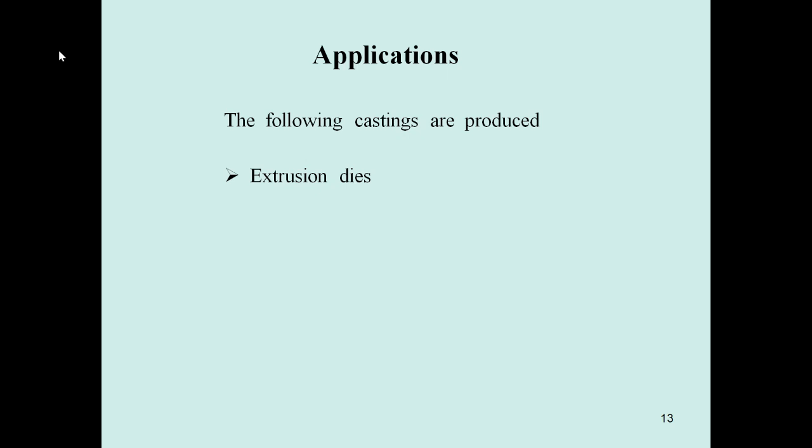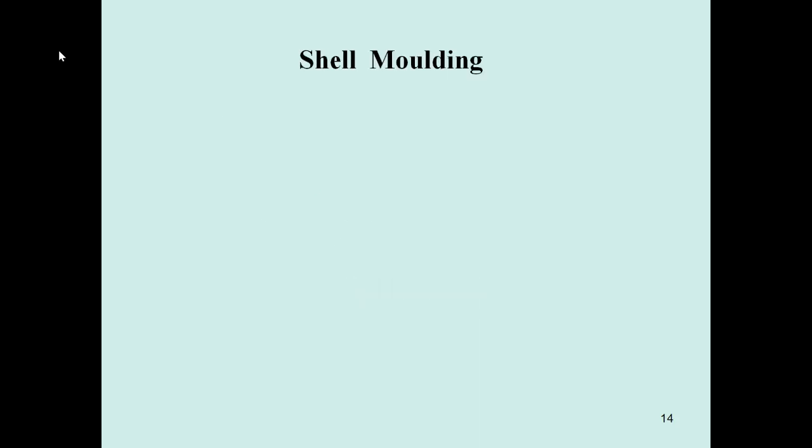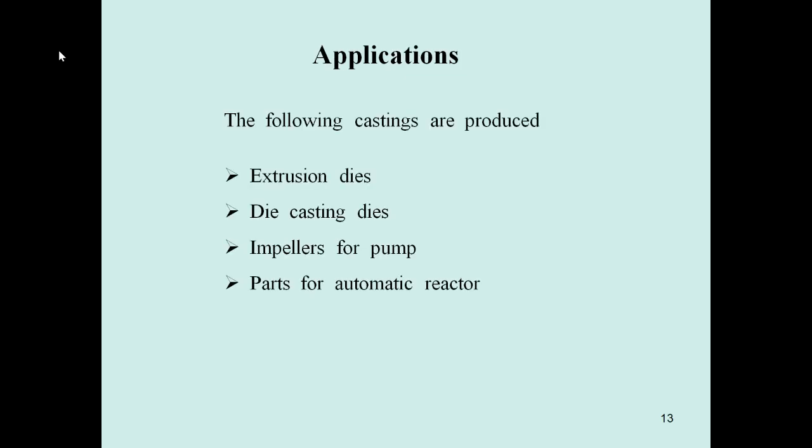It is suitable for production of extrusion dies, die casting dies, impellers for pumps, parts for atomic reactors, and structural components for the aerospace industry, etc. Parts weighing as much as 700 kg can be made by this process.